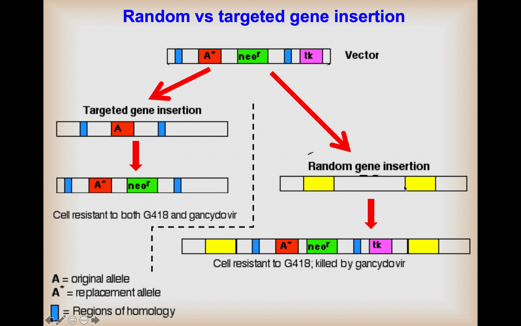For the random one, the cells are resistant to neomycin and will be killed by ganciclovir. But for your targeted gene insertion, your cell will be resistant to both neomycin and ganciclovir, which is what is needed for knockout.